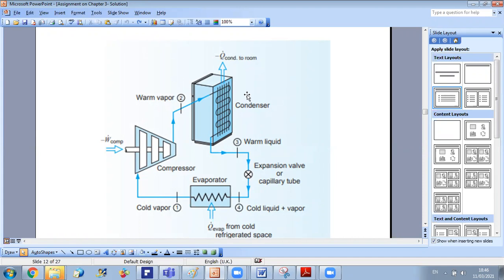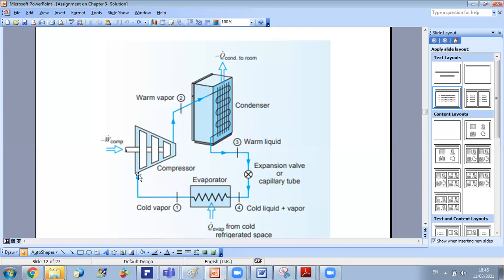These cycles in general contain four main components. The first one is the compressor, and the compressor is of high importance in such plants, because we will give electricity in order to provide work for the compressor.